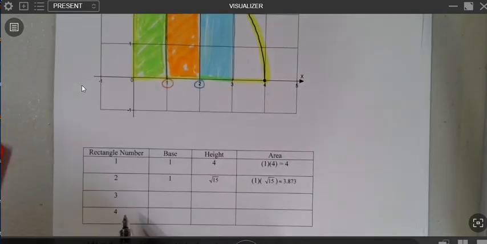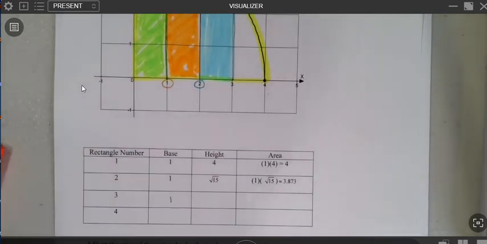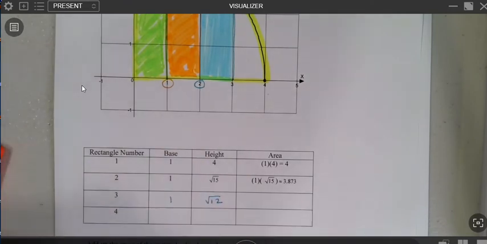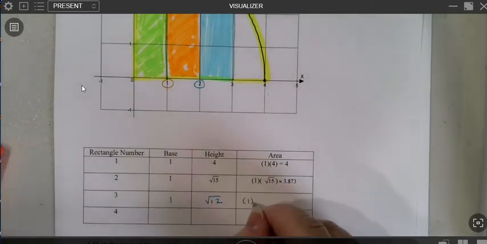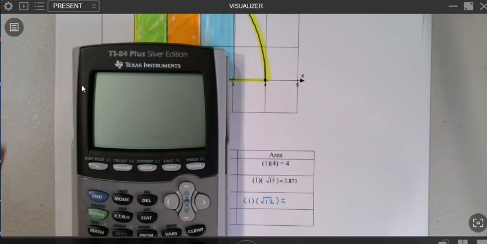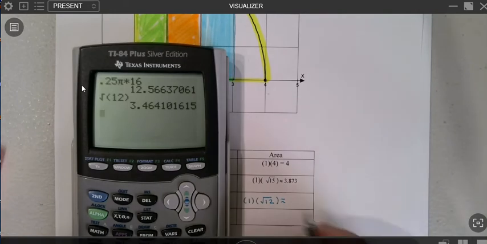So my third rectangle still has a base of 1. We just calculated the height was the square root of 12. So area, 1 times the square root of 12, is about 3.464.